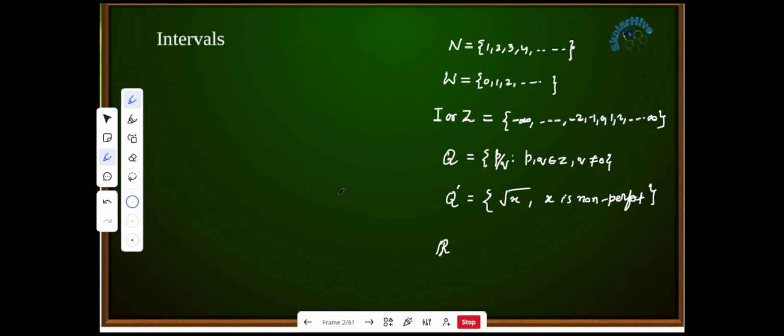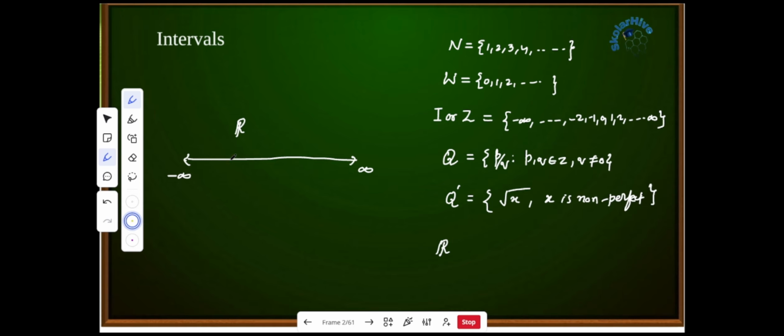Now if we talk about real numbers, the number line represents all the numbers from negative infinity to positive infinity. So this line is actually representing the whole set of real numbers.